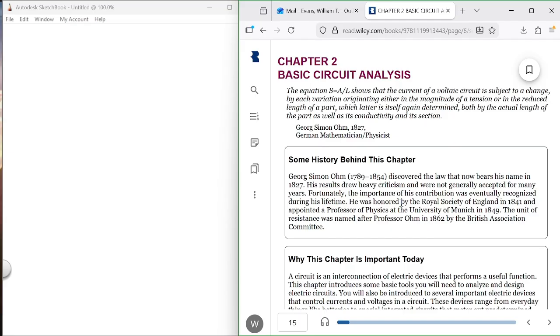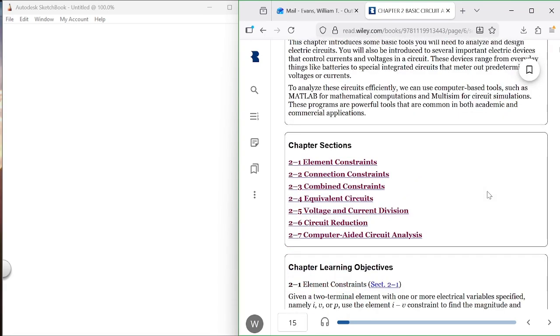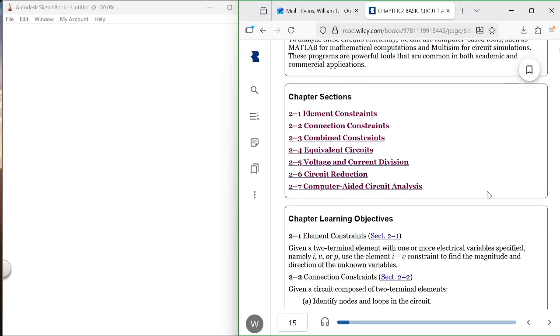Can everybody see that today? Is that visible for everybody? Okay, so this is what chapter 2 is about. And 2.4. Now, in chapter 3, it actually goes into analysis of these circuits.